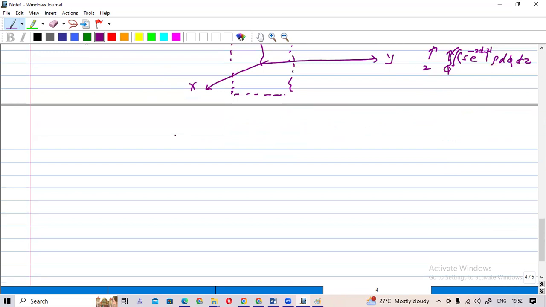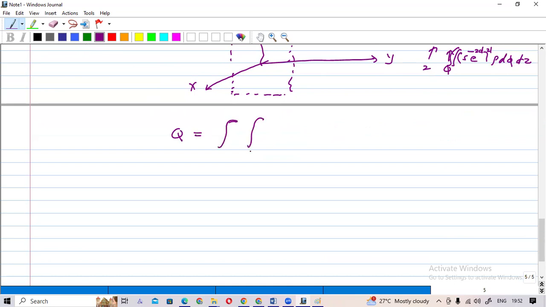To find the total charge, we need to evaluate with respect to z and with respect to phi. Our function is 5 e to the power minus 20 magnitude of z.